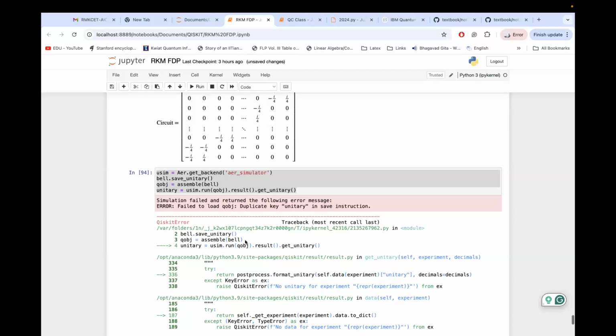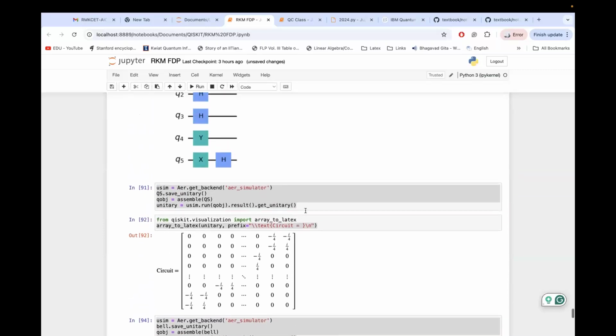Now we want to get the unitary operator associated with that.